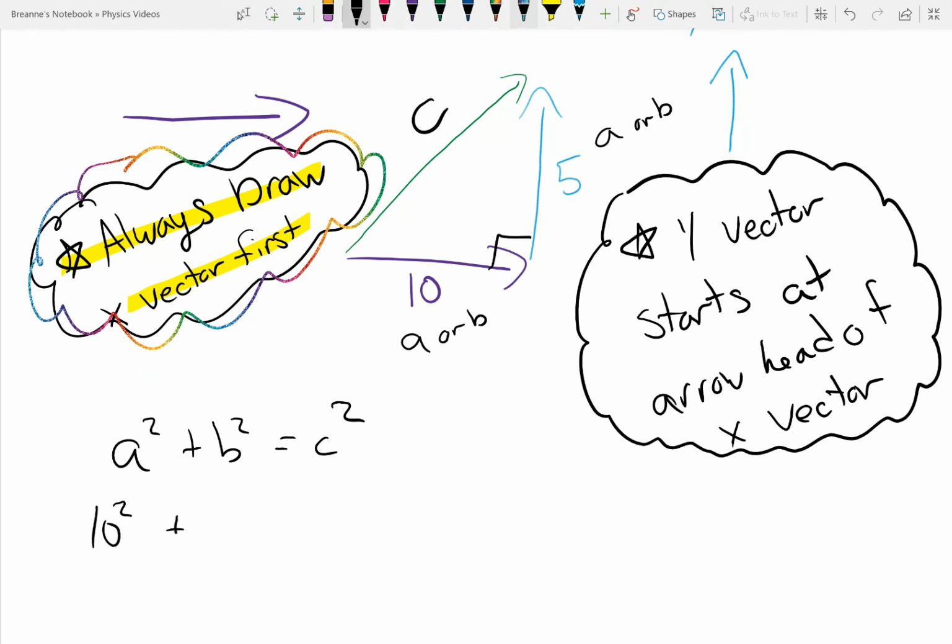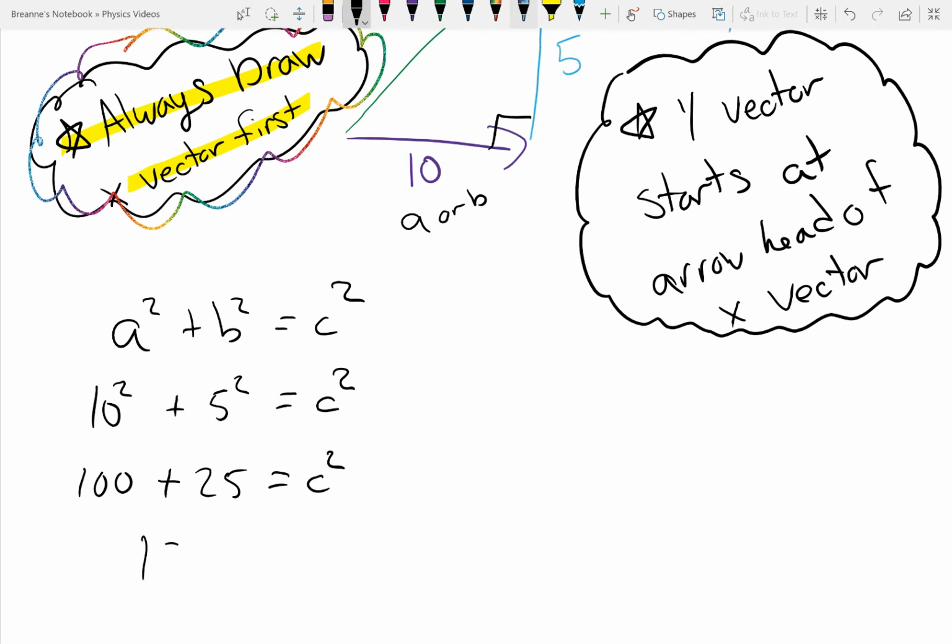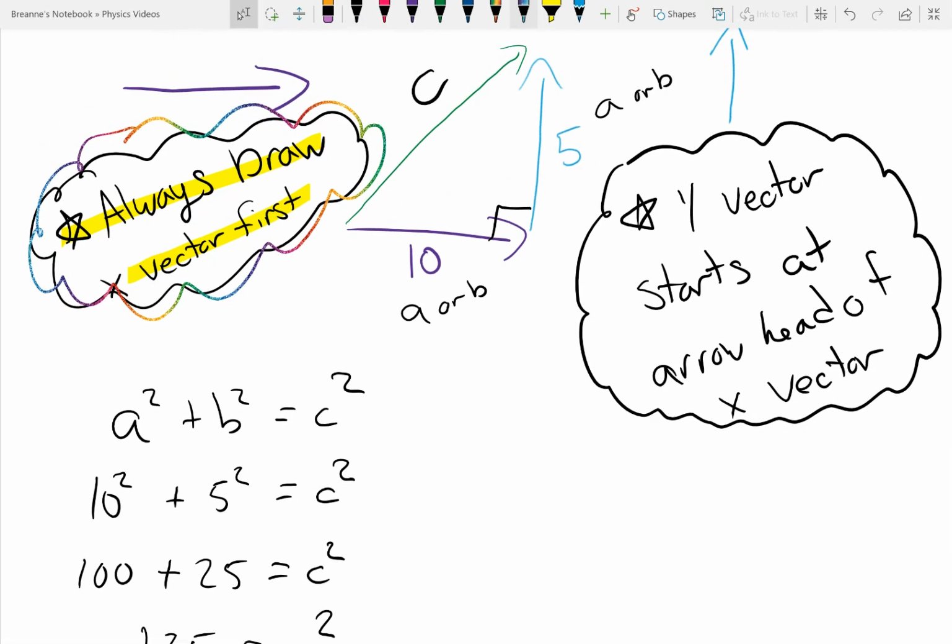So you do 10 squared plus 5 squared equals c squared. I'm just going to show all my steps. Add those together. Now, I've also seen people stop here. Do not stop here. It's not c squared. Your hypotenuse is just c.